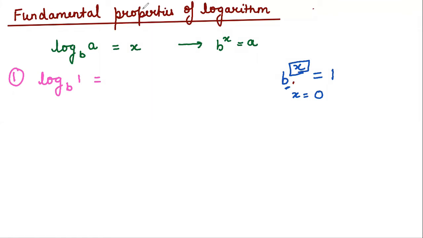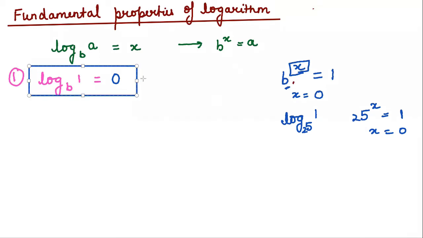If you're finding log 1 to the base b with any base, the answer is always going to be 0. If I had given you log 1 to the base 5, it means 5 to the power x should be equal to 1, so x should be 0. No matter if the base is 25, then 25 raised to power x equals 1, so x should be 0. So whenever you have log 1, no matter what the base is, the answer will always be 0. This is your first property.